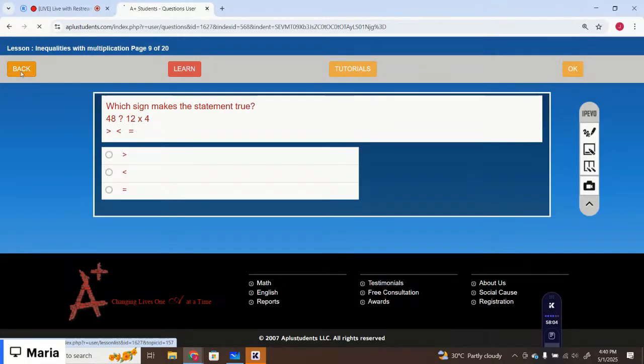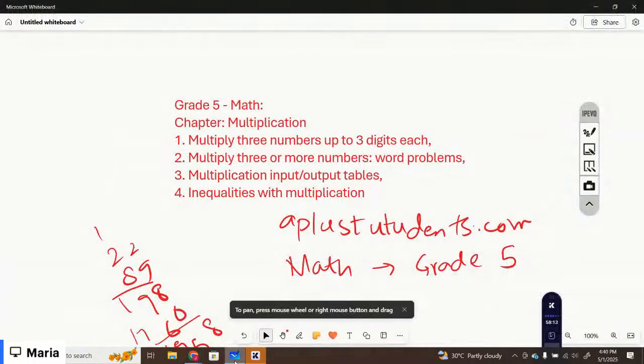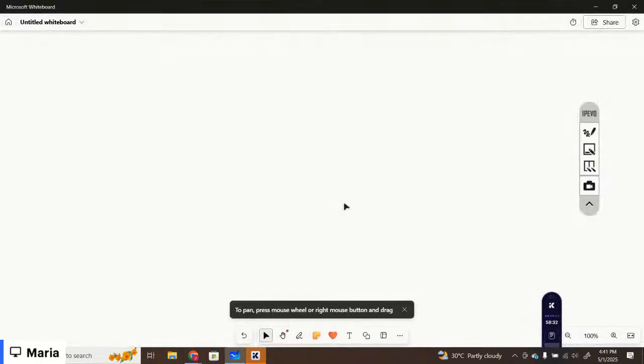The lessons we have covered today are multiply three-digit numbers up to three digits each, multiply three or more numbers, word problems, multiplication input-output table, and inequalities with multiplication. So please make sure before the next session you complete all the practice questions for the lessons we just did. That is your homework until the next session.